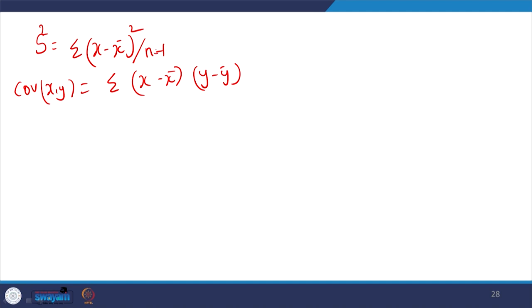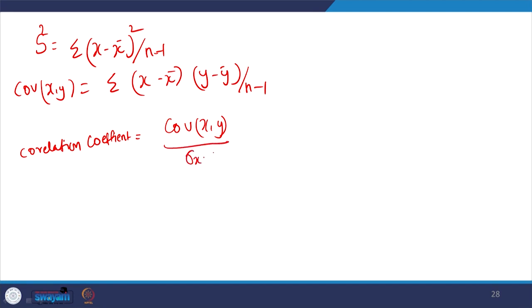Next, the correlation coefficient is covariance of x comma y divided by the standard deviation of x and the standard deviation of y. So when you divide covariance by the corresponding standard deviations, you will get the correlation coefficient.